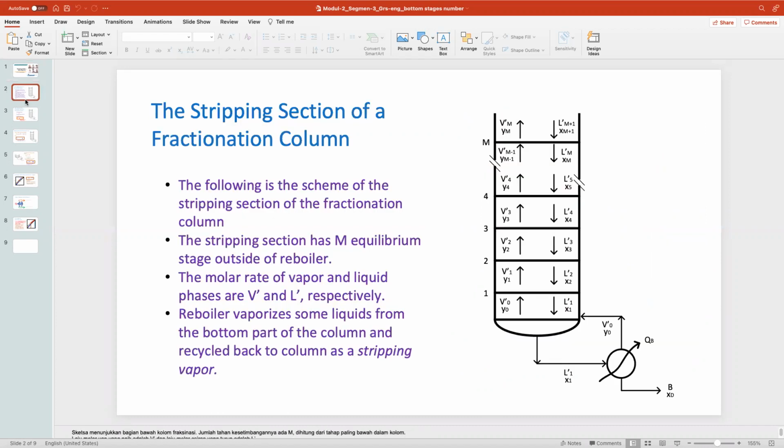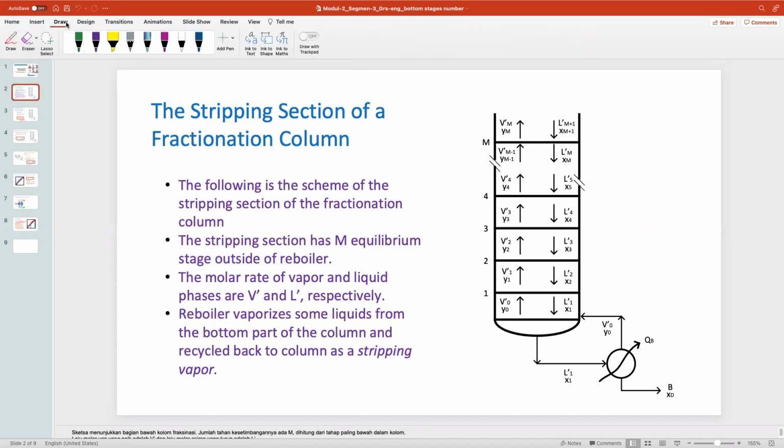If you look at the stripping section of the fractionation column here, it looks quite similar, but of course the amount of vapor and the amount of liquid are going to change, because you have the feed somewhere in between. So we write L dash for the liquid and V dash for the vapor. The following is the scheme of the stripping section of the fractionation column.